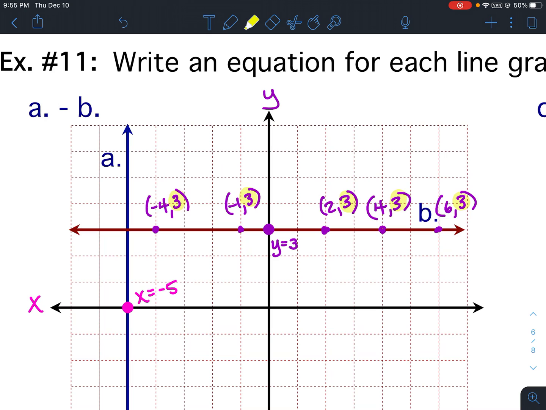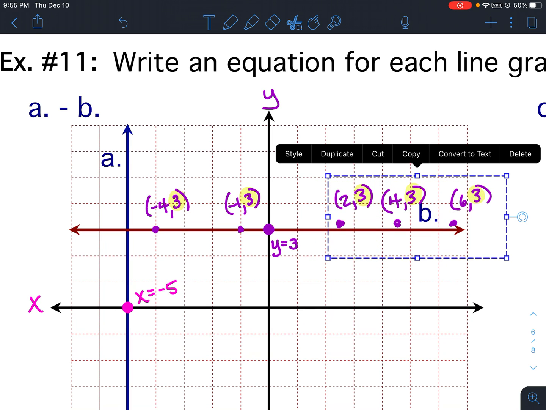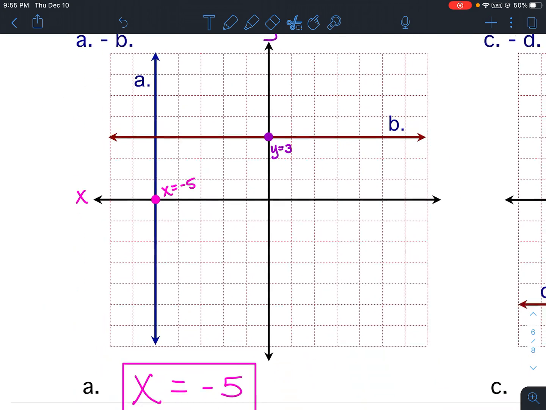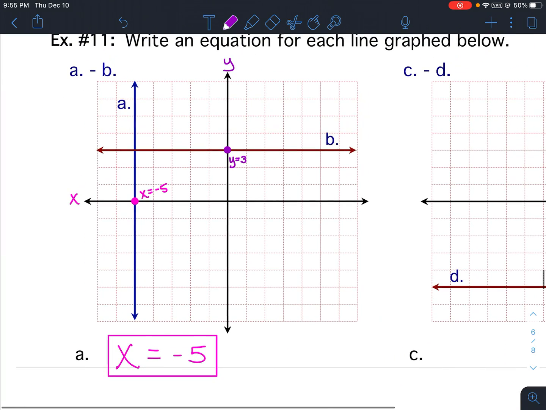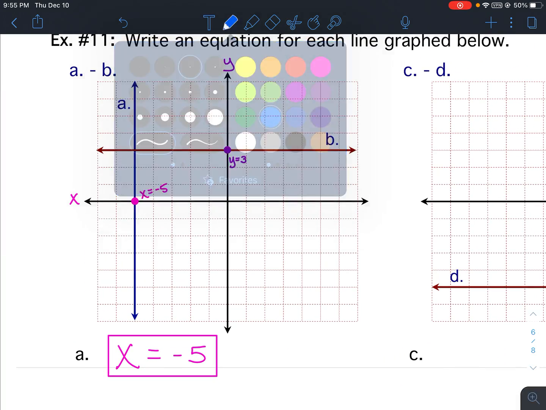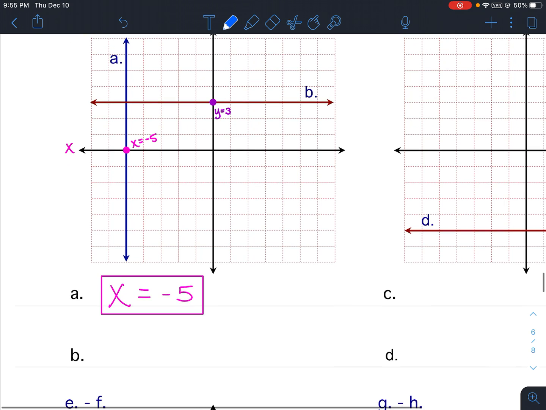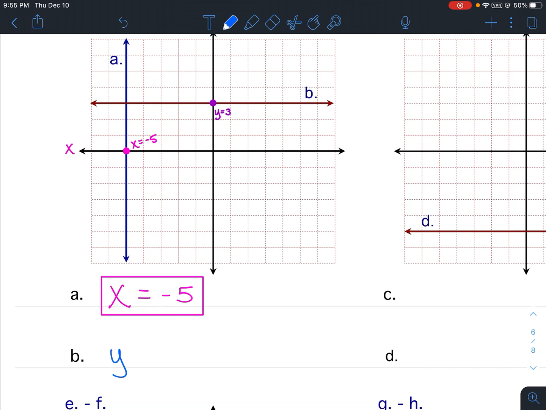And why is it 3? Because that's where it crosses the y-axis. So our equation for the horizontal line, since it crosses the y-axis at 3, is y equals 3.